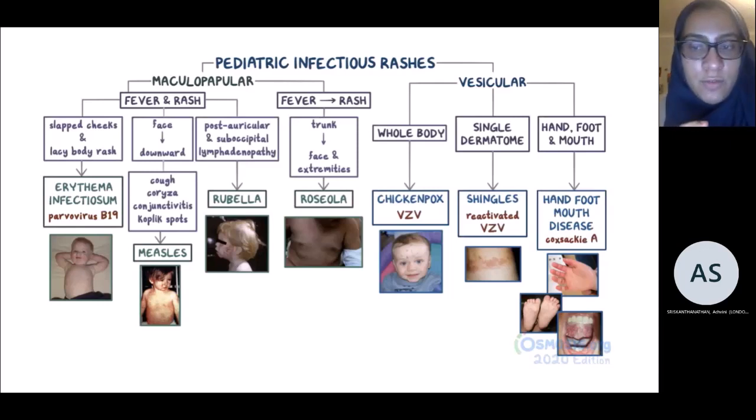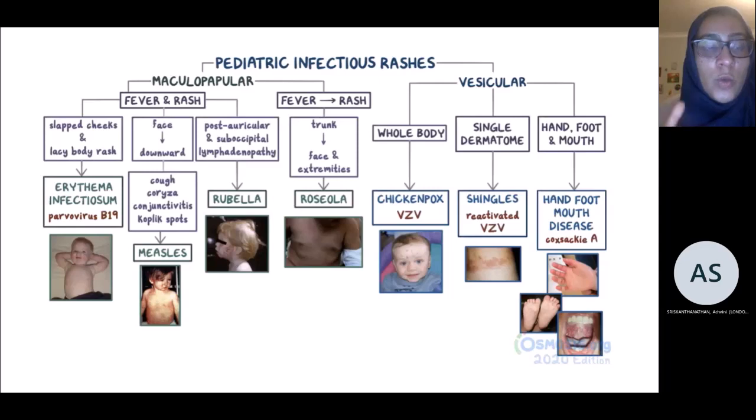Then you progress into getting this macular papular rash that starts from the head and around the ears and eventually spreads downwards to the rest of the body.